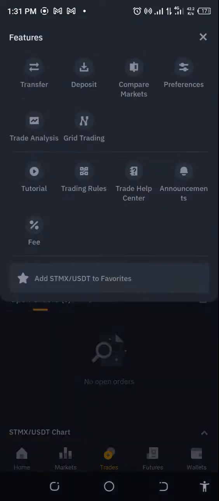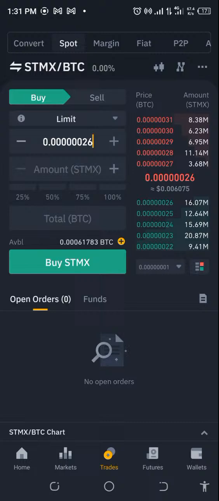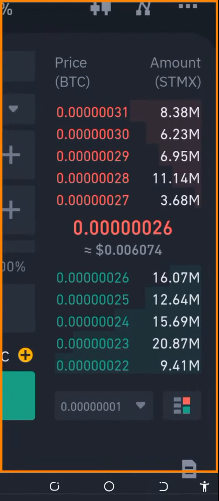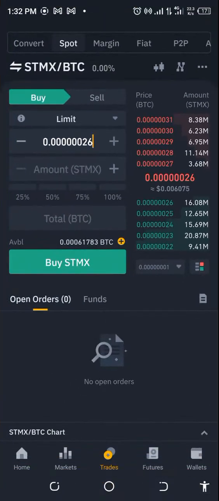So I'm going to go straight to using STMX BTC. Before I do anything, let's take a look at this market price. The market price is 0.000026. Now I'm still going to buy by limit, but this time I'm going to choose one of the prices here.